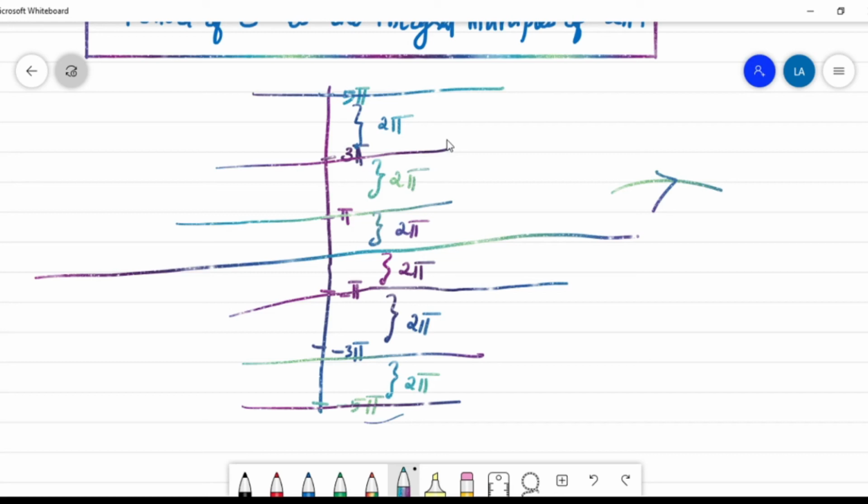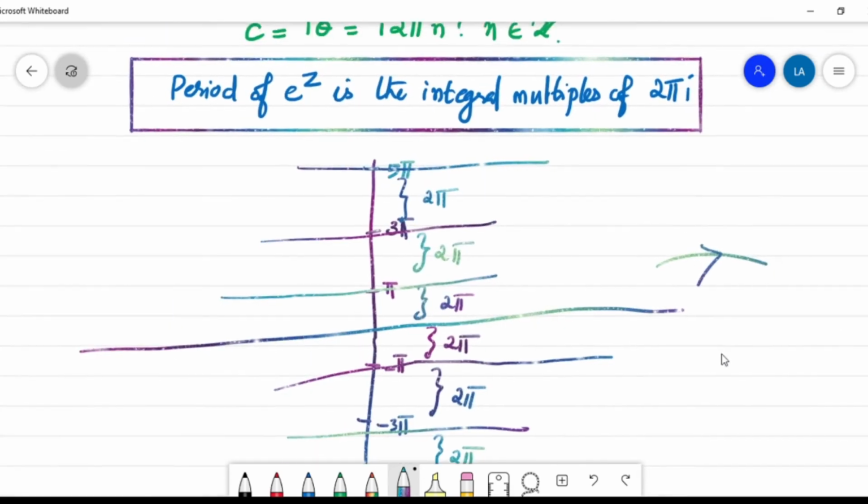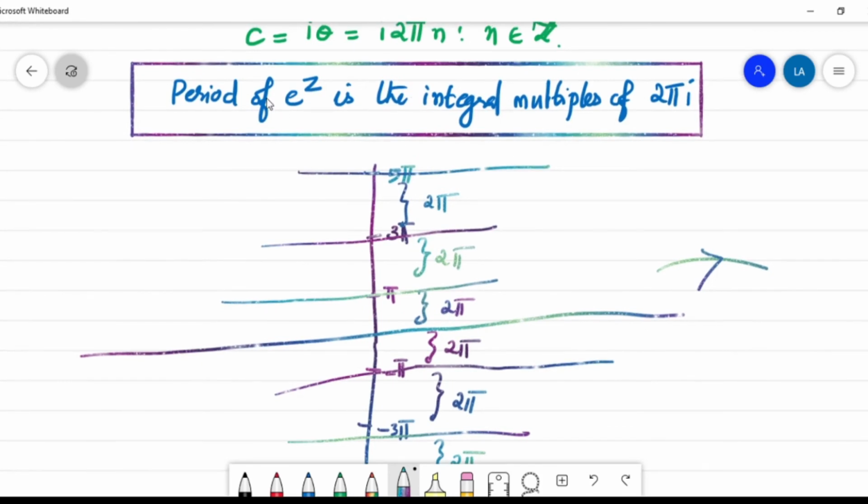So that is how we are ending the session, and the property we said in the end, that the function e raised to z is a periodic function with period 2 pi n, where n belongs to Z, is the most important property of e raised to z. So we are concluding. Thank you.